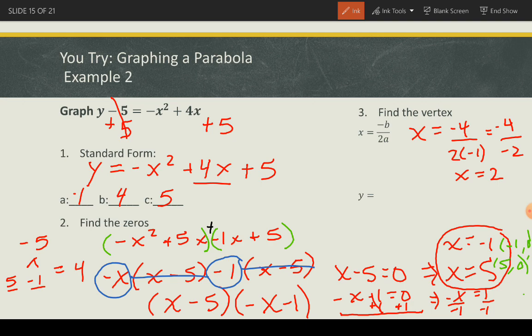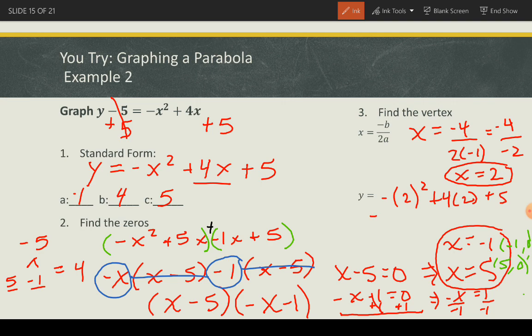So we're going to plug this x equals 2 into our original standard form to get our y value. Wherever there's an x, I'm going to place a 2 there. So negative 2 squared plus 4 times 2 plus 5.